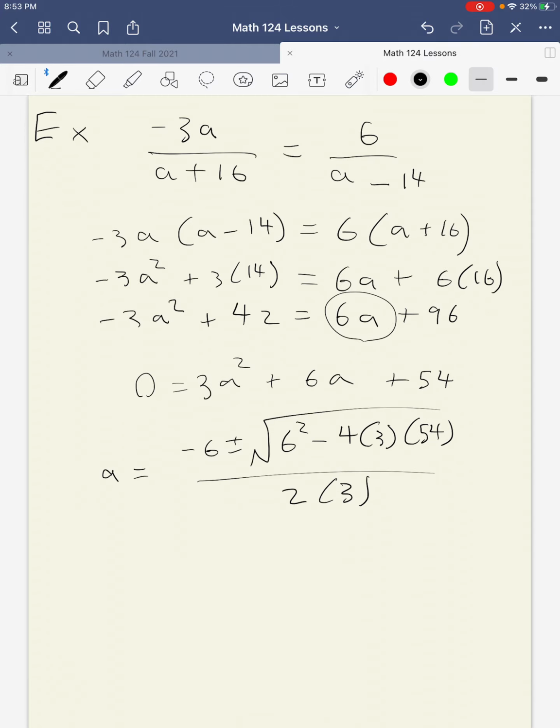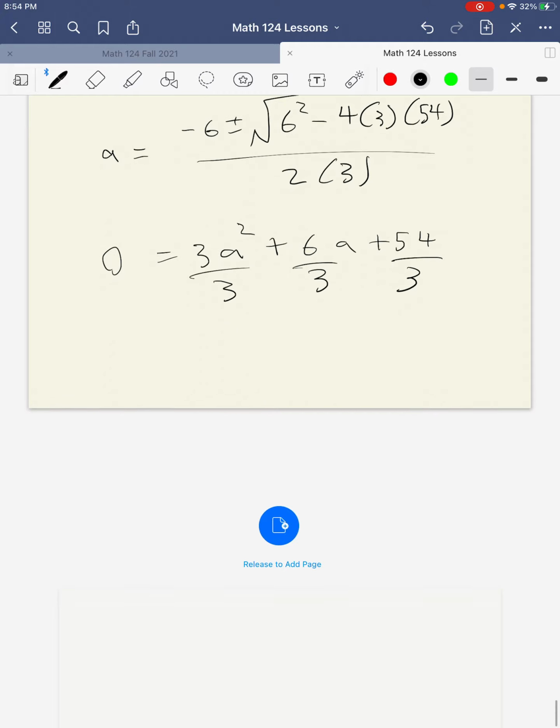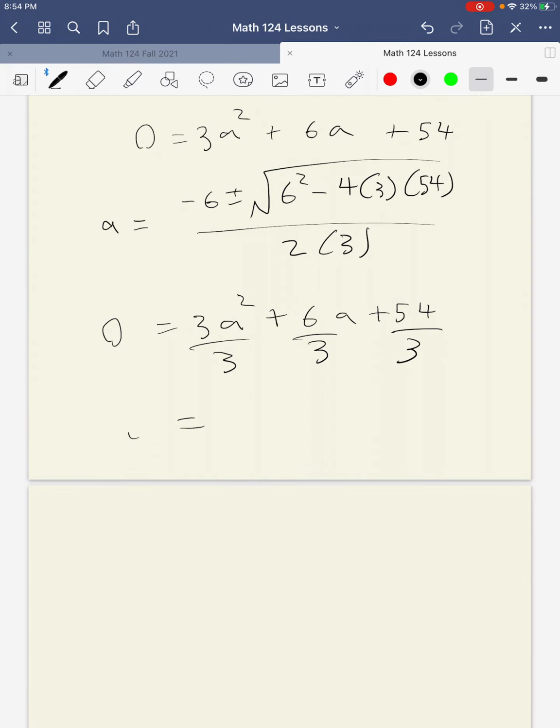So you could do it this way, or I just noticed there's another way we could do this. Let's see if we could factor this. Because what we could do is cut all of these by 3, giving us 0 equals a squared plus 2a plus 18. Okay, let's see. So can we factor this?